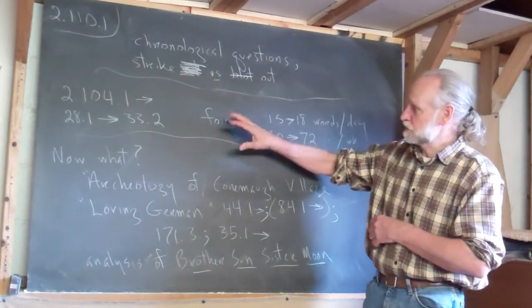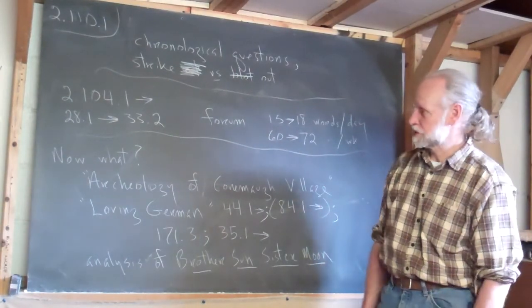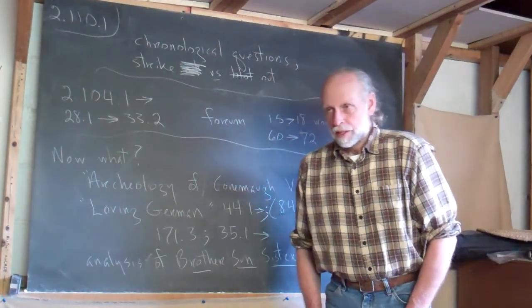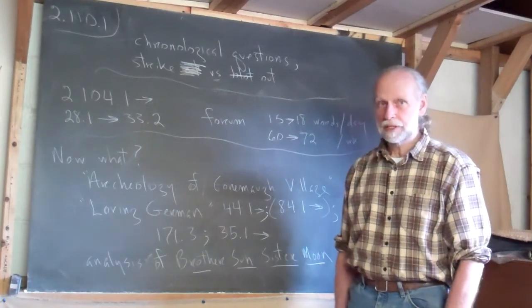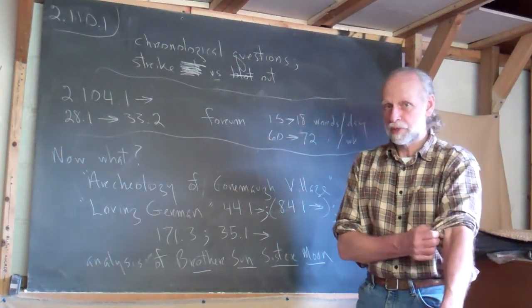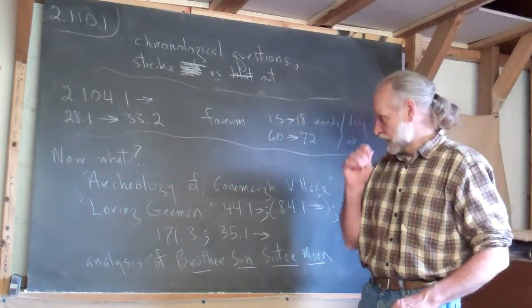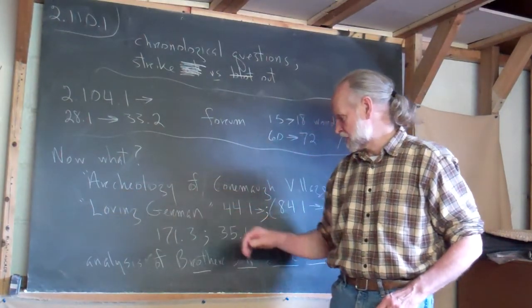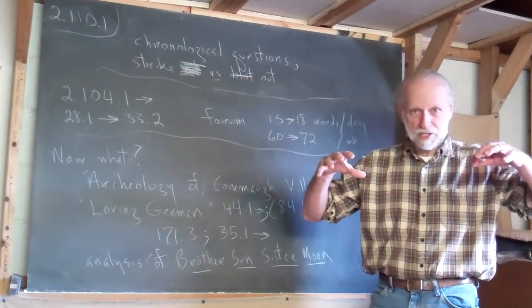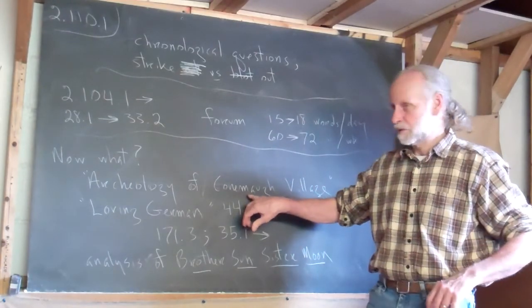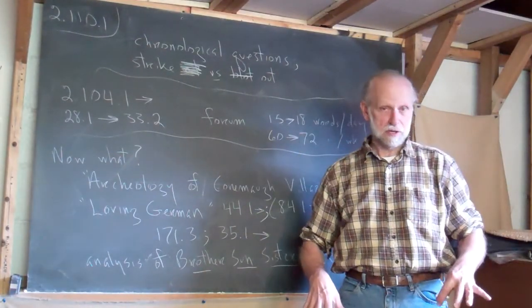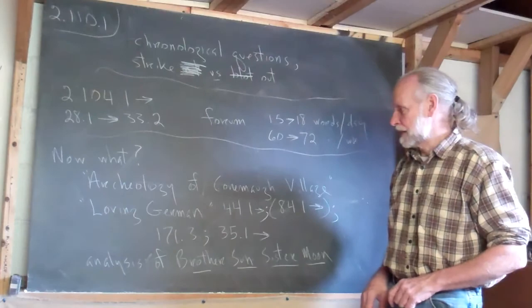All right, class vocabulary, that's it for this year. Now what? Well, starting, I guess, tomorrow, I don't mean to keep putting this off, but starting tomorrow, I'm going to deal with the archaeology of Conemaugh Village. That's the oldest name I know for the village that was here where this farm is.